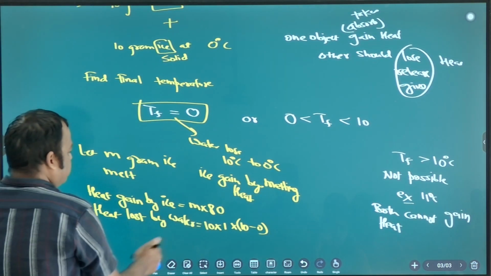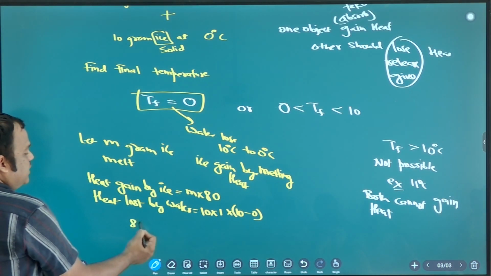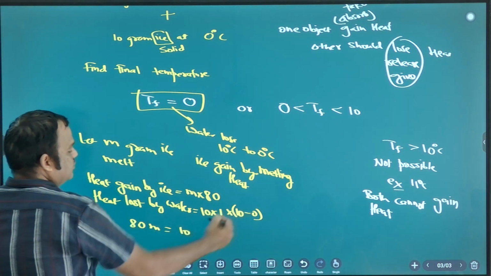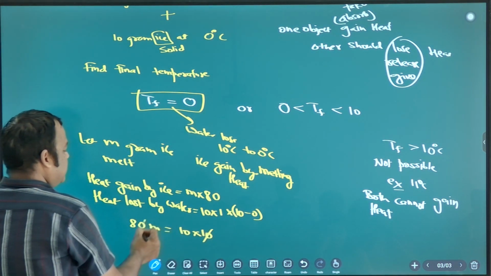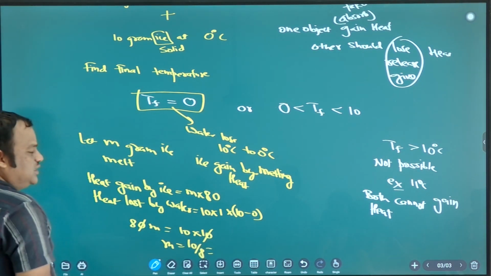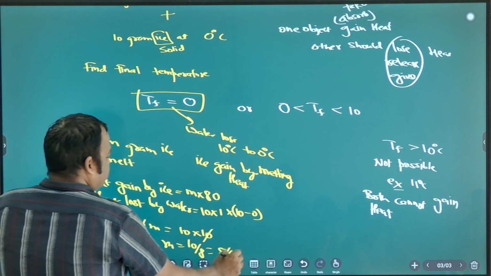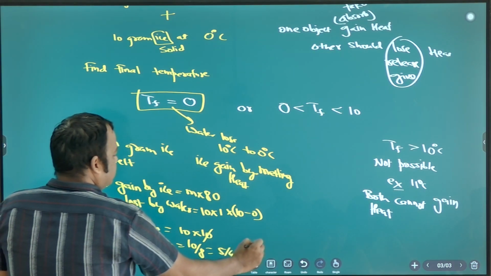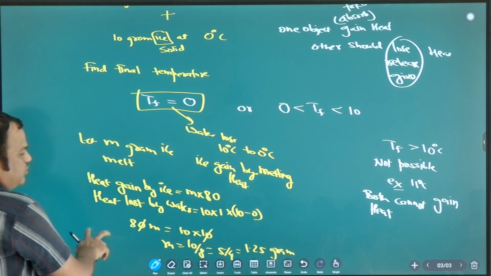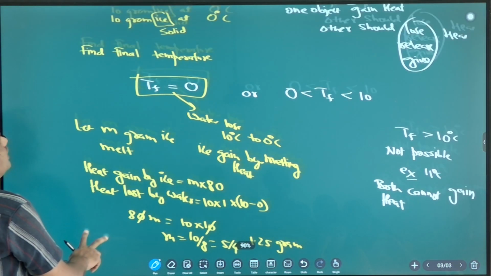Now equate both. So 80 m is equal to 10 into 10. 10 10 cancel. So what is m? 10 by 8. 10 by 8 how much? 5 by 4, which is 1.25. Note down.